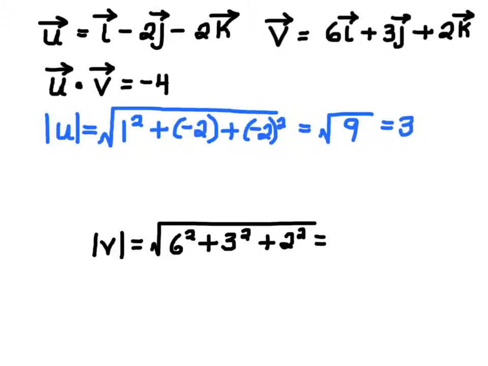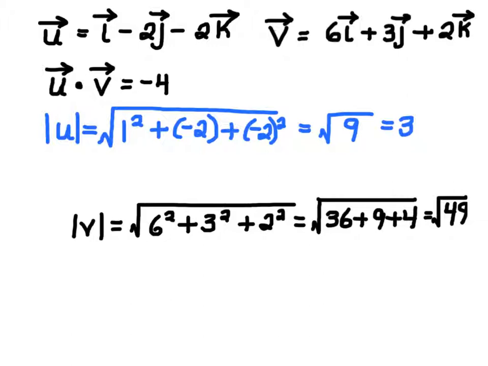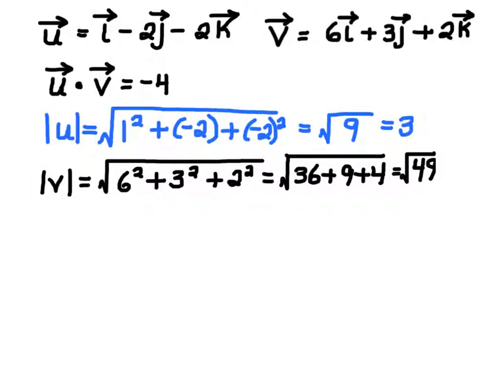And that is going to be the square root of 36 plus 9 plus 4, which is the square root of 49. And of course, the square root of 49 is 7.